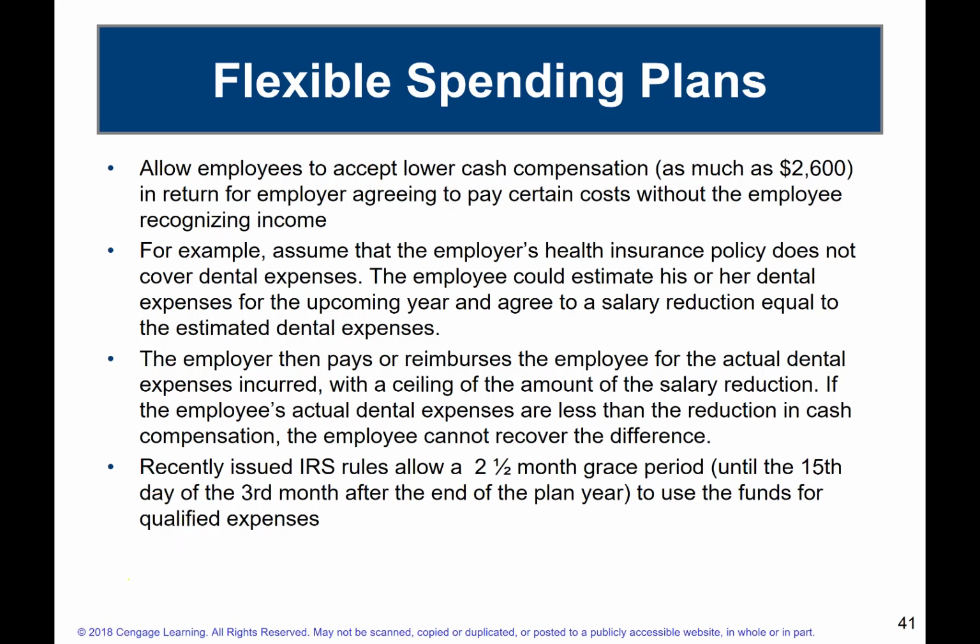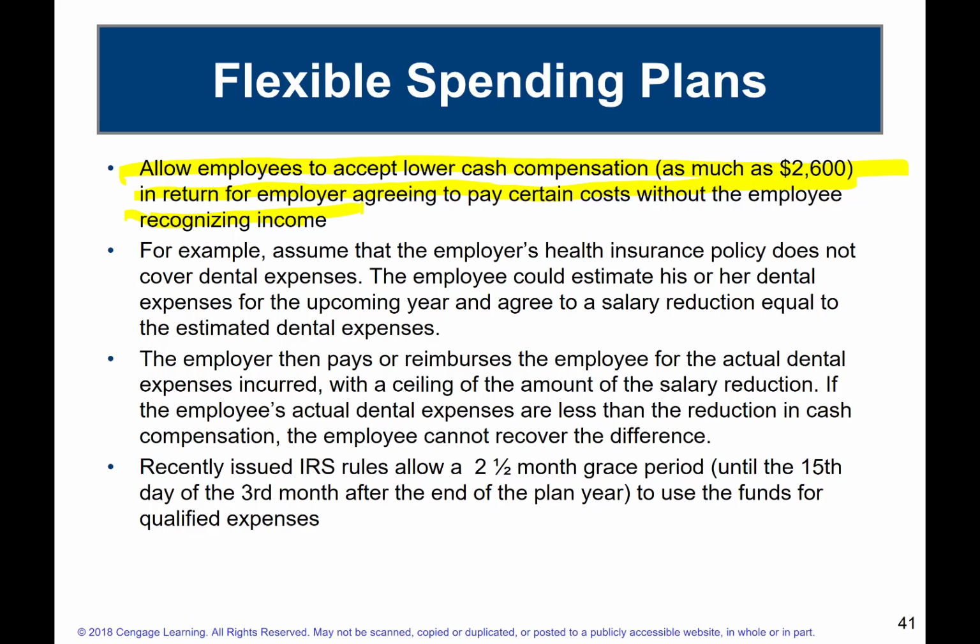Okay, so what happens is, let's go ahead and turn that to highlighter. It allows employees to accept lower cash compensation, as much as $2,600, and then in return the employer agrees to pay certain costs without the employee recognizing that income.